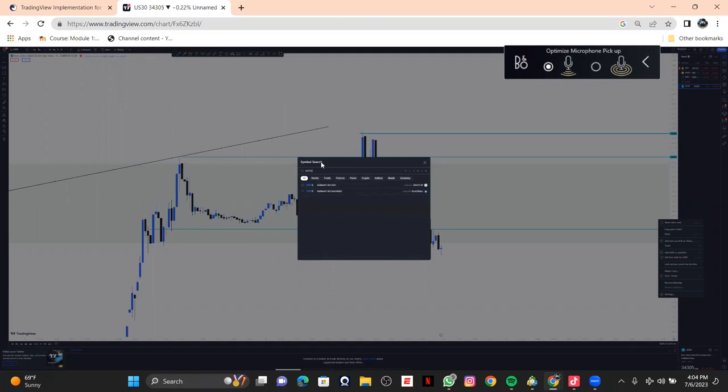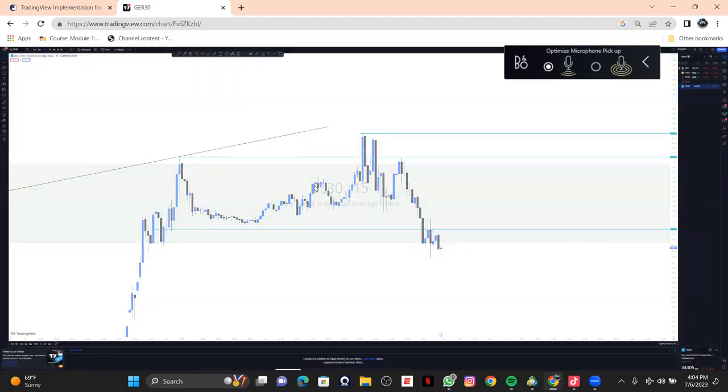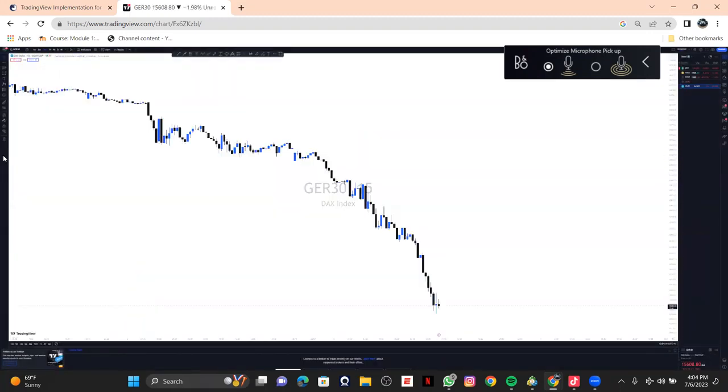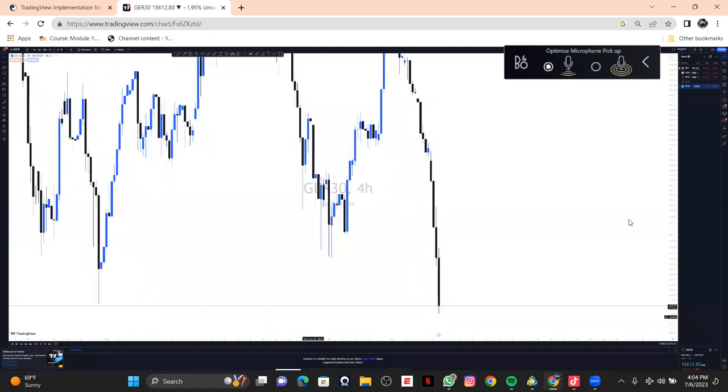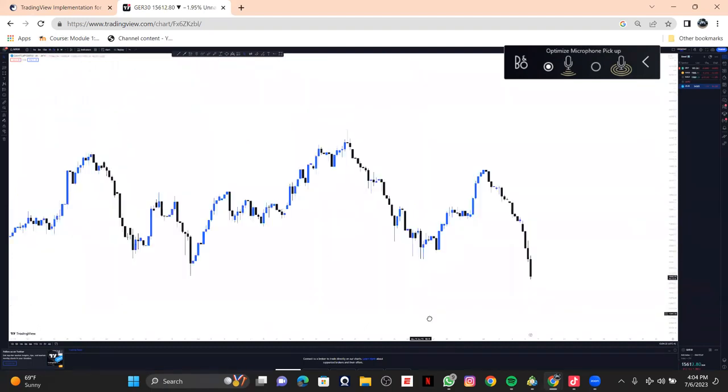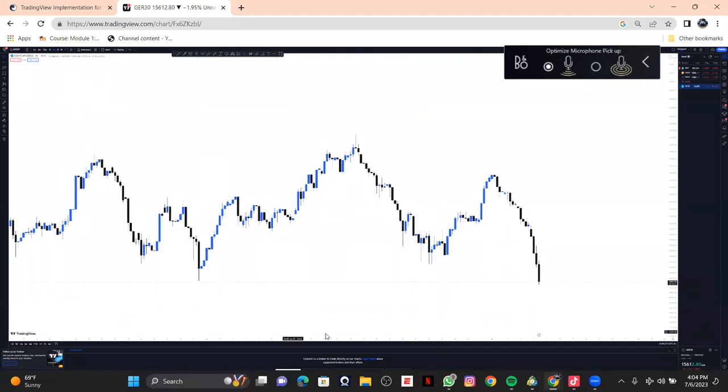German date. Does it pay like NASDAQ? It has, but then it adds some more information. Okay, I'm also on German date. Yeah, only 4-hour time frame.